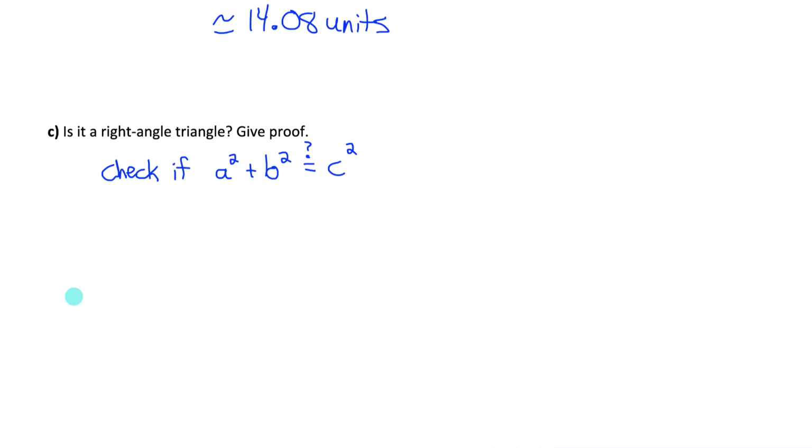I'll use the shorter two side lengths as a and b. So I would have root 17 squared plus the other root 17 squared. And we're checking to see, is that equal to the square of the longer side, which is root 34? Is the left side of this equation equal to the right side? Well, hopefully you know that square rooting and squaring are inverse operations of each other, so they're just going to cancel out.